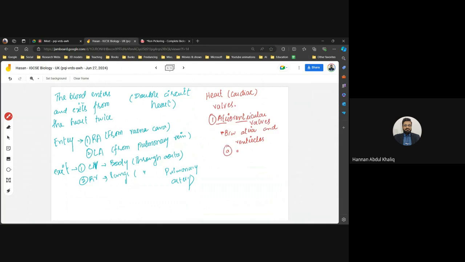One is called tricuspid. Tricuspid means that it basically has three doors through which blood goes. The tricuspid is present between the right atrium and the right ventricle.